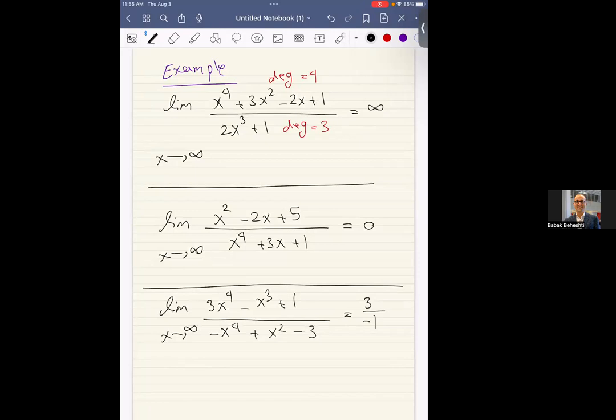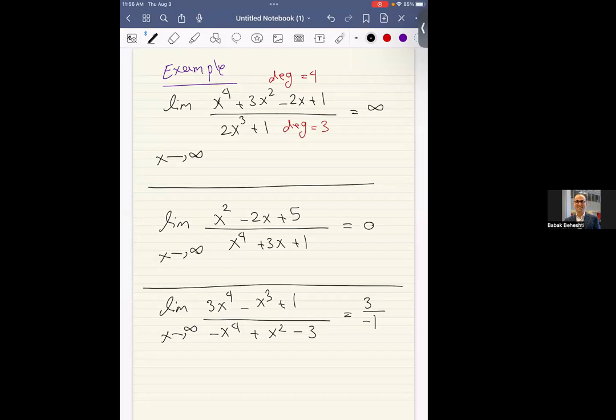Because it can either be positive infinity or negative infinity. That's a very good question. When x goes to infinity, the top term on the numerator is x to the power 4, right?